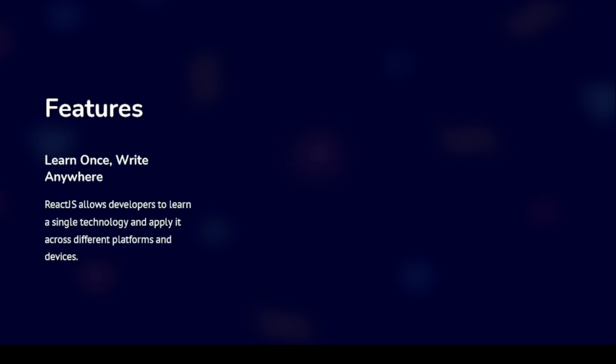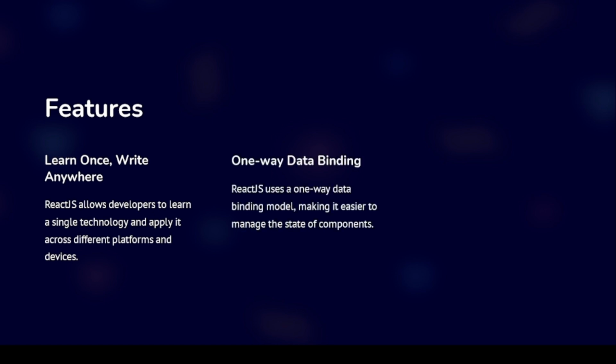Next feature includes Learn Once, Write Anywhere. This in React means that once you learn React, you can use the same knowledge and often the same code to build applications for multiple platforms, including web, mobile, and desktop. Next is one-way data binding. This means that the data flows down from top-level components to the bottom-level components.